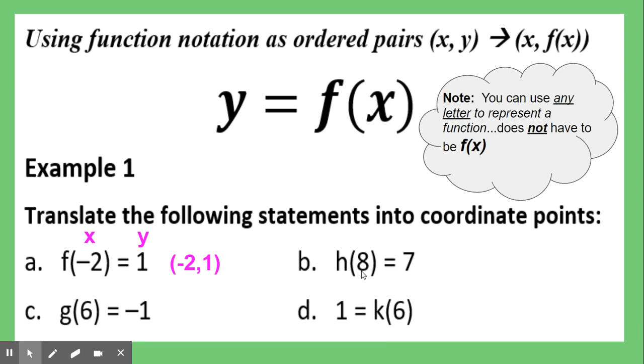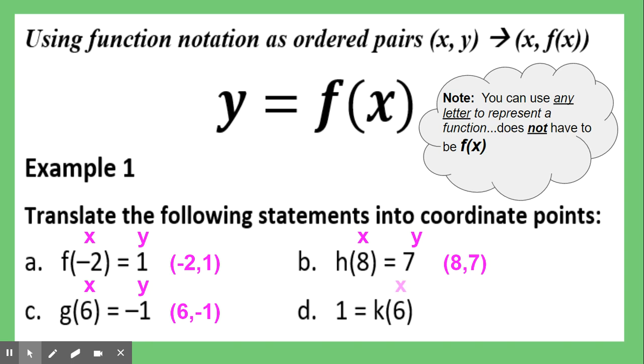It's just like f of x, but in this case we're using h. My 8 is my x value, and my y value would be 7. If I write that as an ordered pair, I have (8, 7). You always write x comma y, which in this case would be x comma h of x. Now g of x. There, my x value is 6 and my y value is -1, so I have (6, -1) as my ordered pair.